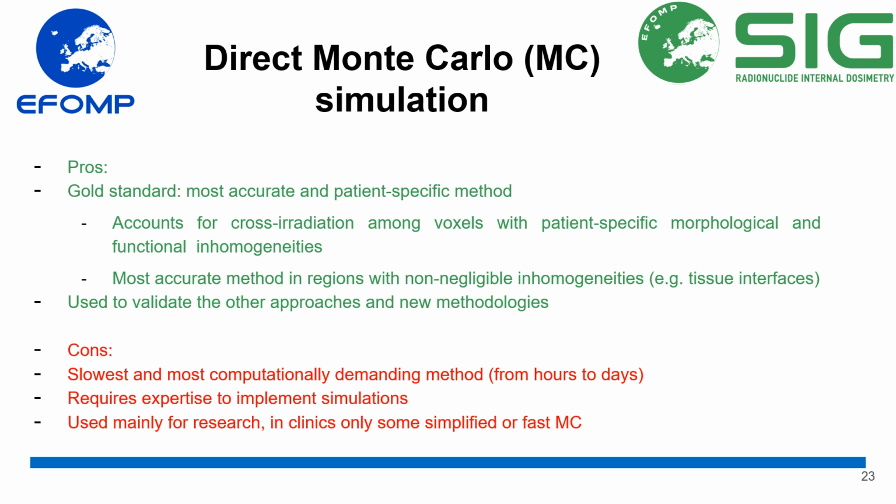Consequently, it is usually used as a reference to validate the other approaches and new methodologies. Its main con is the slowness, requiring hours or even days to run, and the expertise required to implement simulations, making it more a research than a clinical method at the moment.